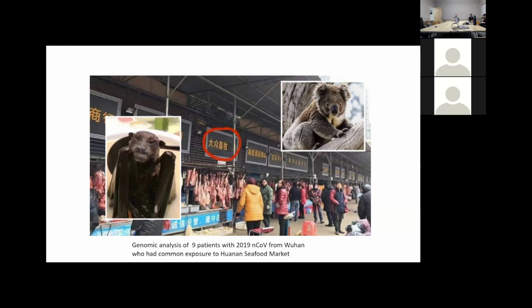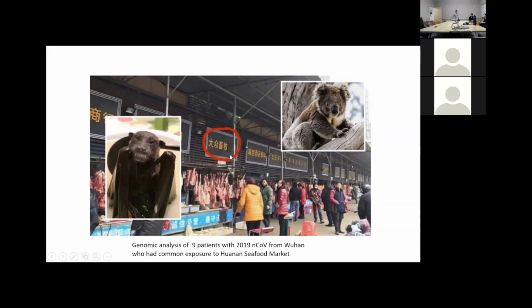So they have, again, food from slaughtered animals, but they actually have live animals. Okay, and here you can see a bat, a koala bear, and this sign is circled because I don't read Chinese.